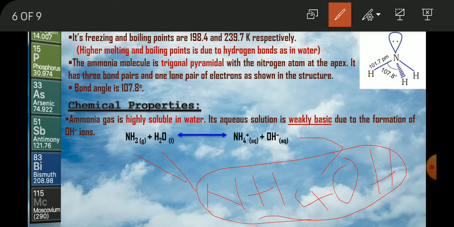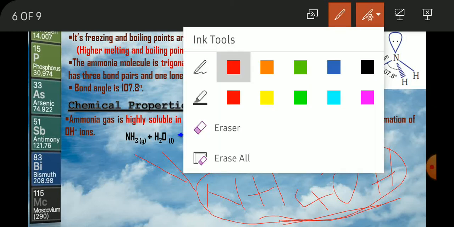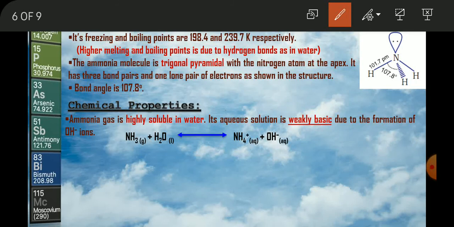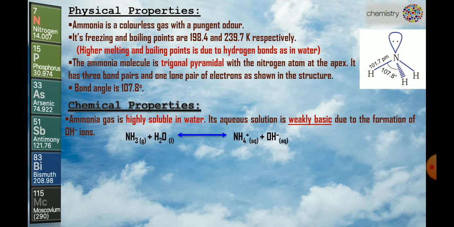In aqueous media, it dissociates to produce NH4+ and OH-. The compound which dissociates to produce OH- is called a base. It is weakly basic because the dissociation of NH4OH is partial. There is a partial dissociation into NH4+ and OH-. Hence, it is weakly basic in nature. Clear?